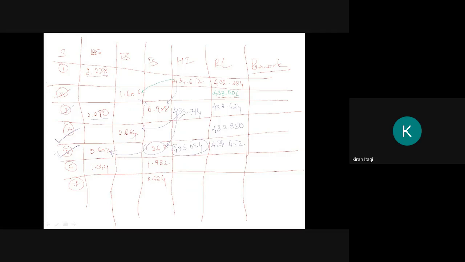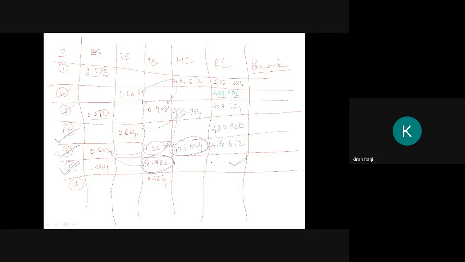After the backsight, what is the very next reading? It is a foresight. So we want to determine the RL of station number 6. How will we determine the RL? That is height of the instrument minus this staff reading. That is 435.054 minus 1.982.